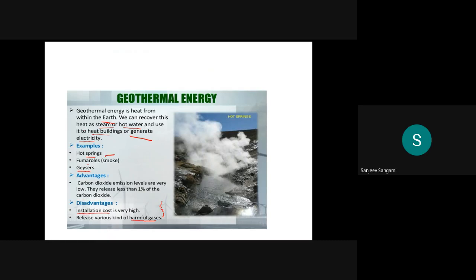The examples are hot springs, smoke and geysers. The main advantage is that it will release less than 1%.